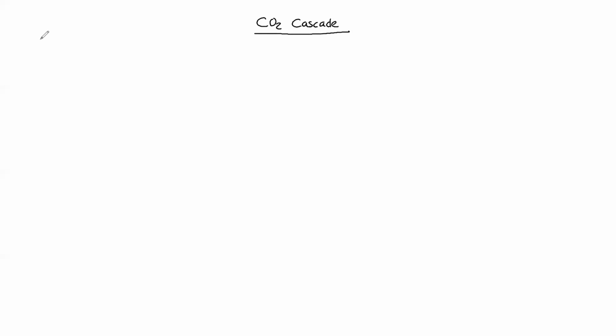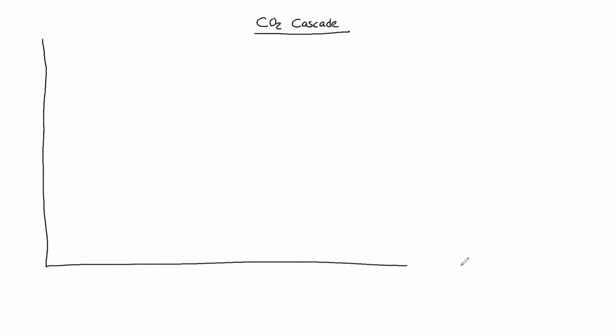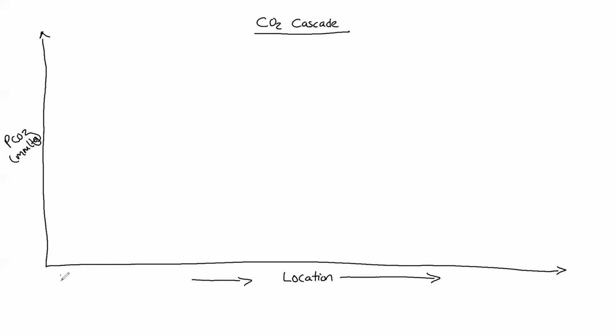Okay, so we've got our partial pressure of CO2 here on the Y, and then we've got the location of movement here on the X as well. All right, so we're looking at our location down here once again, and we're going from the atmosphere all the way to our cells and tissues.